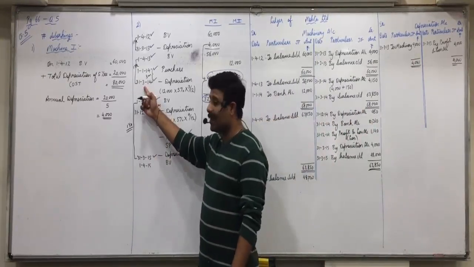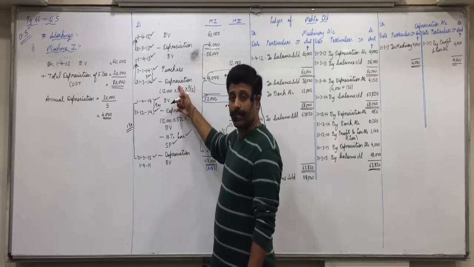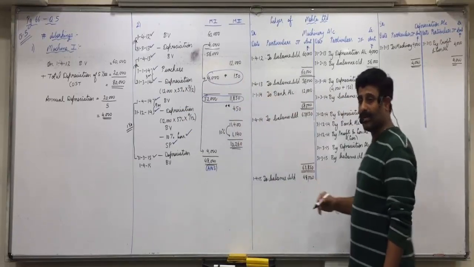Now see again 31/3/14. For depreciation 4,150, 4,000 plus 150.